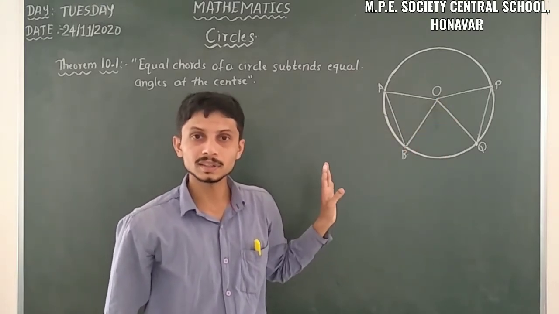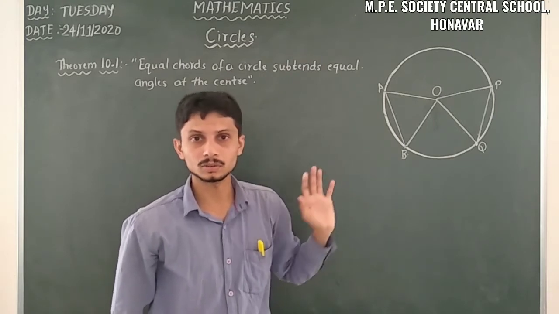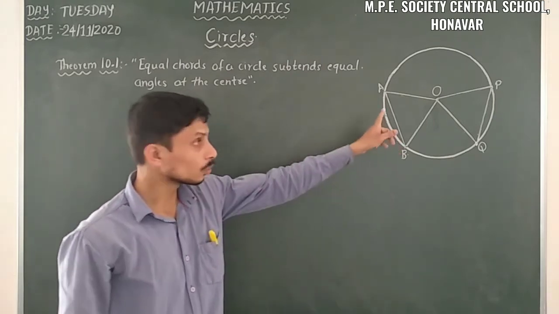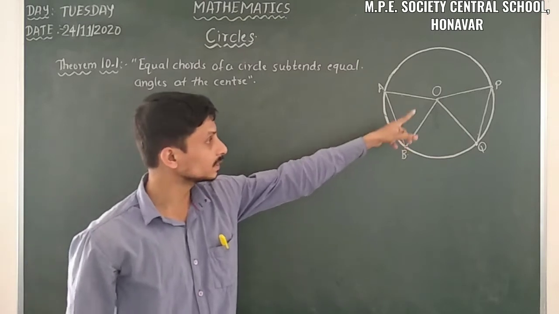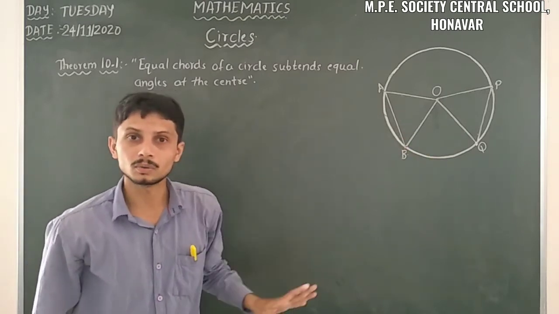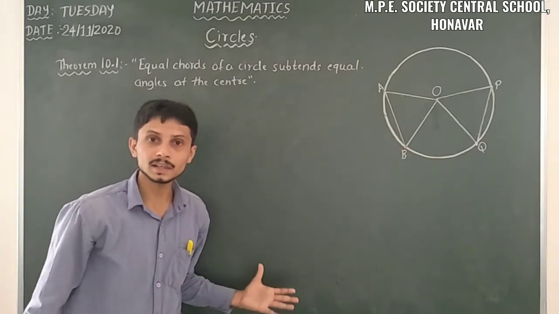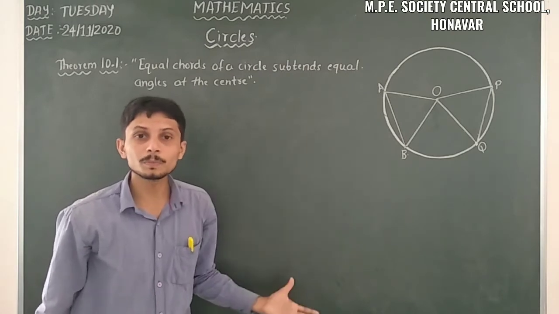So we have to take those two chords as equal, that is AB is equal to PQ. That one we have to take as given for the proof of this theorem.